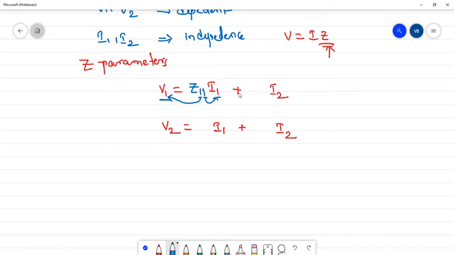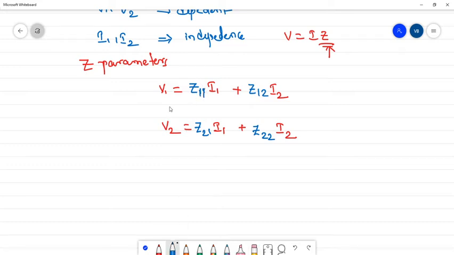Now you tell me for this one, which quotient should we write? Z12. Here we write the third quotient, that is Z21, and the fourth quotient, that is Z22. I think this is clear.